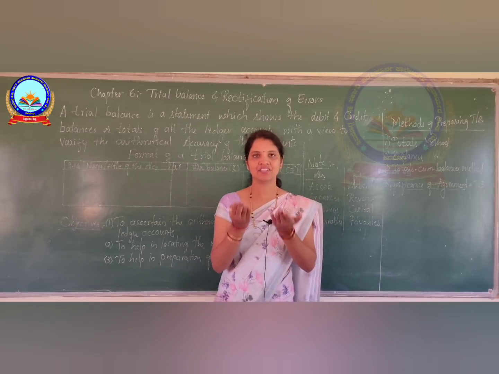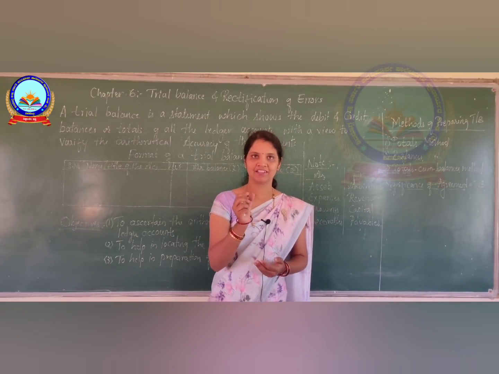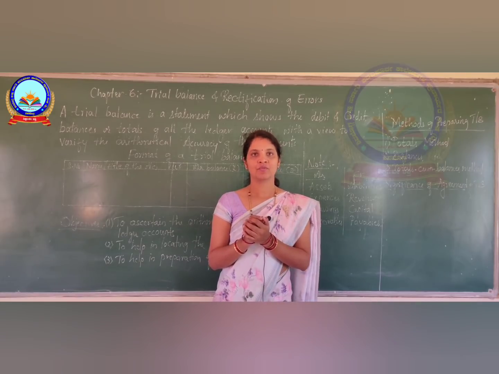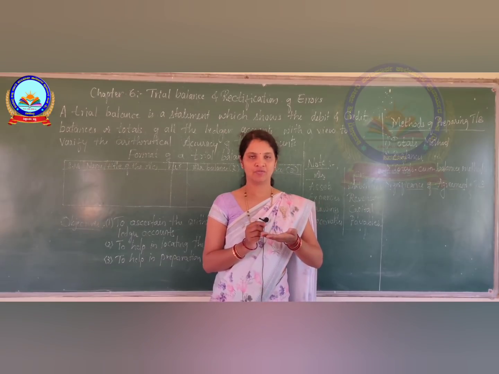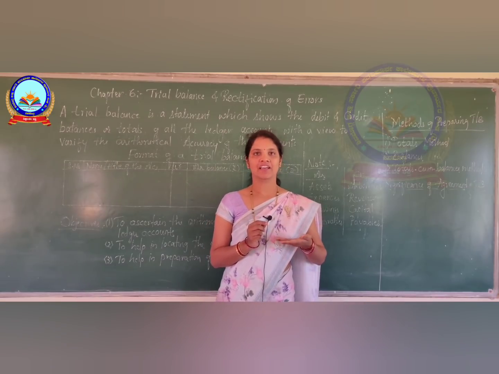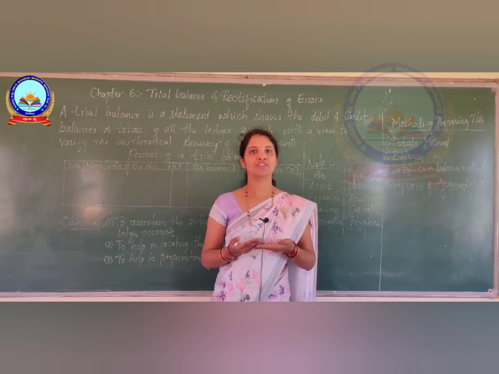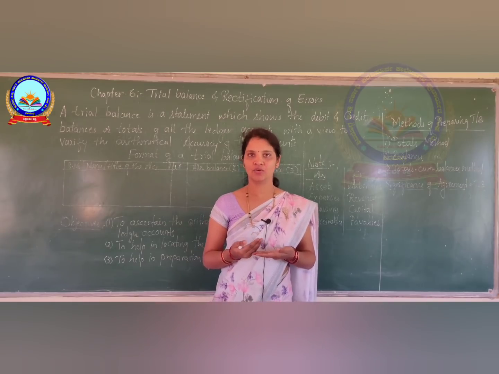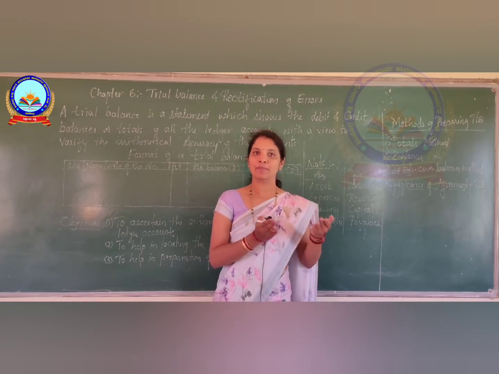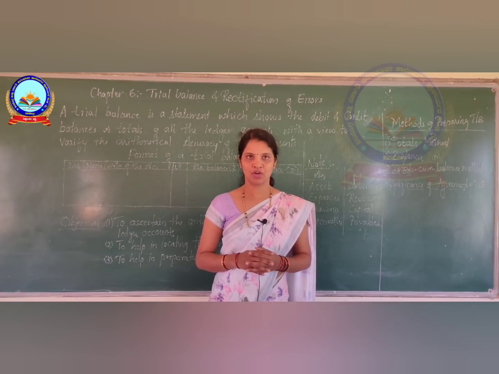Trial balance is a statement. It shows the debit and credit balances we get in the ledger accounts. In the ledger account chapter, we have discussed how to close the ledger accounts and how to get the balances of each account. We got debit balances for some accounts and credit balances for some accounts.